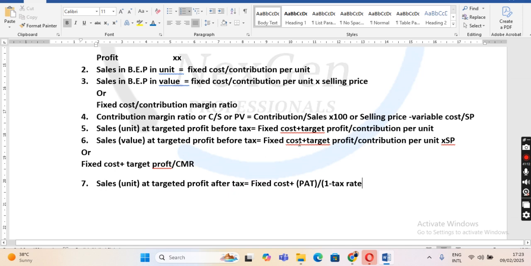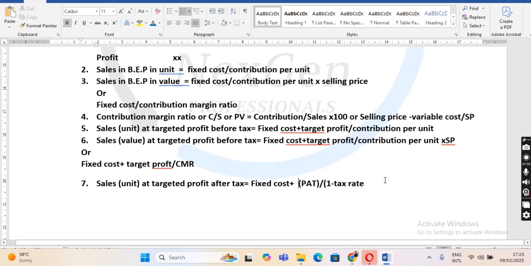Don't forget I say fixed cost plus this. Profit after tax divided by 1 minus tax rate. So when you do your profit after tax divided by 1 minus tax rate, you will add it with your fixed cost, then you now divide it.